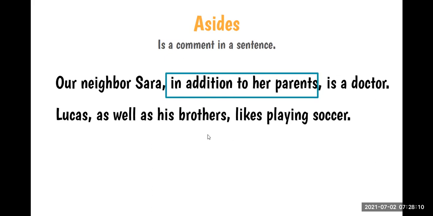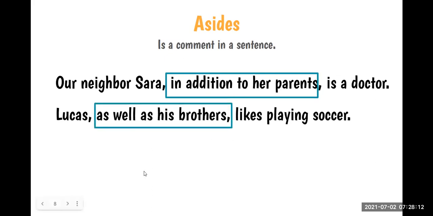The same here: Lucas, as well as his brother, likes playing soccer. And if you notice, it's between two commas. Yes, very good. So these comments generally go in the middle of the sentence, and of course, between commas.